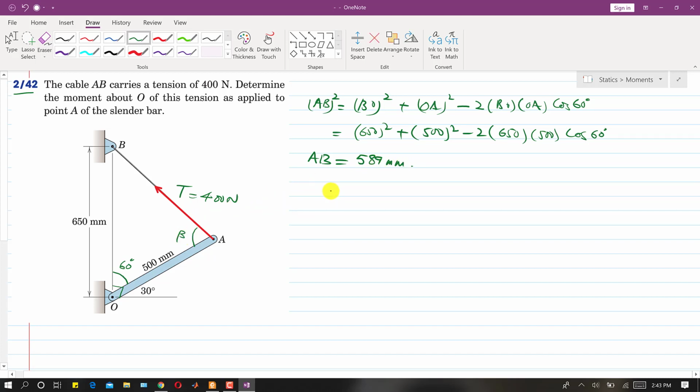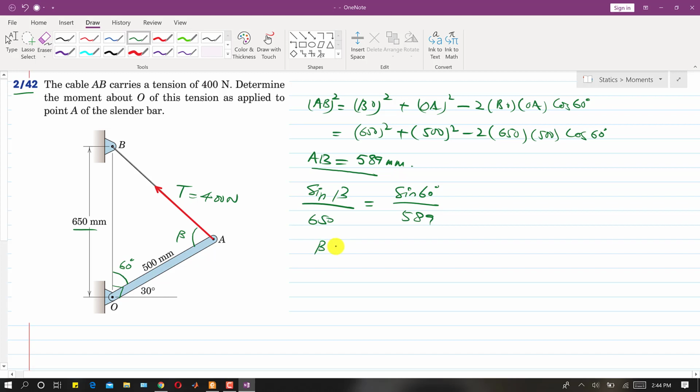Now to find this beta angle, we will apply the sine law, right? We know this AB length now. So sine of beta divided by the opposite length, which is 650, is equal to sine of 60 degrees divided by the opposite side, which is AB. AB length is 589, right?